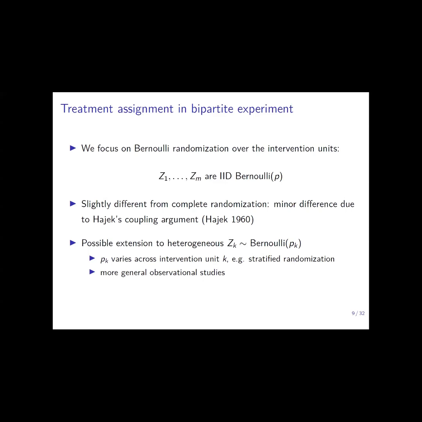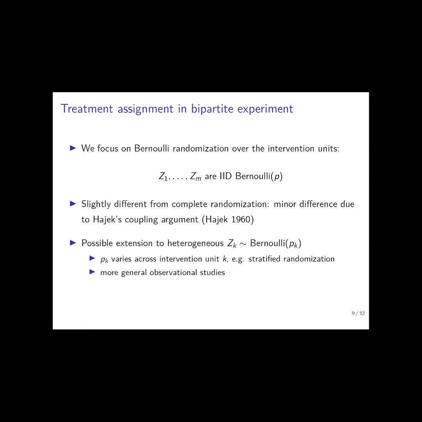We can extend the discussion to heterogeneous treatment probabilities. For example, Zk has a different probability Pk. One leading example is a stratified experiment. You stratify your assignment based on the features of the intervention units, depending on their covariates. Then Pk can vary across the intervention units.